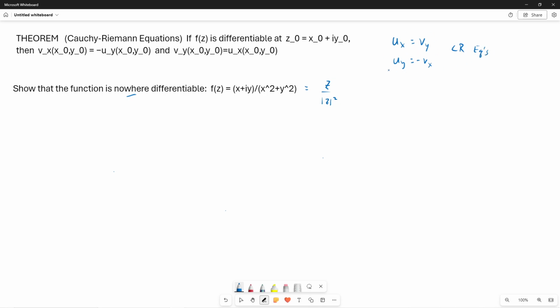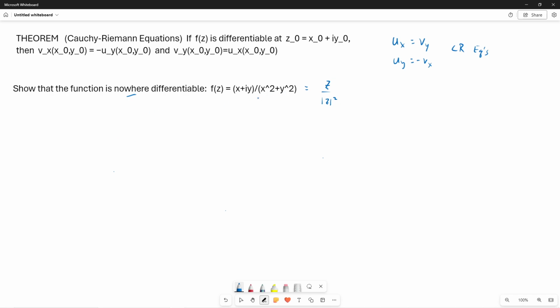So if these equations do not hold at a point, then the function cannot be differentiable. That's what we're going to show happens to this function: either u_x is not equal to v_y, or u_y is not equal to -v_x, or maybe both.